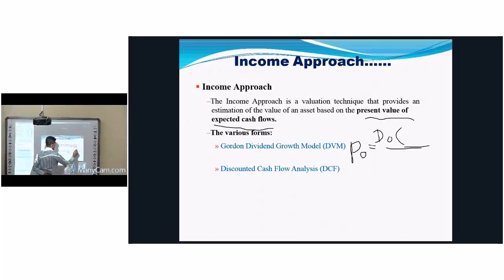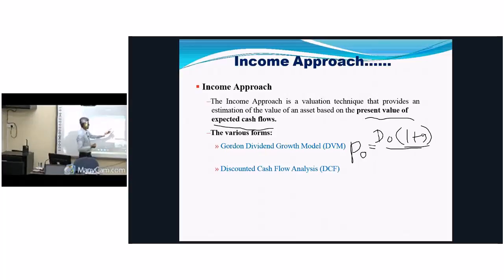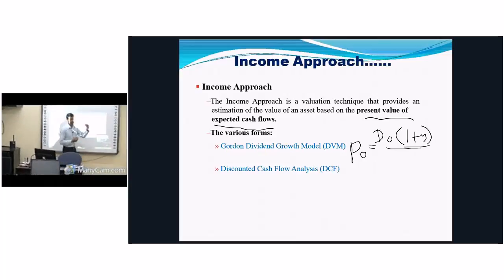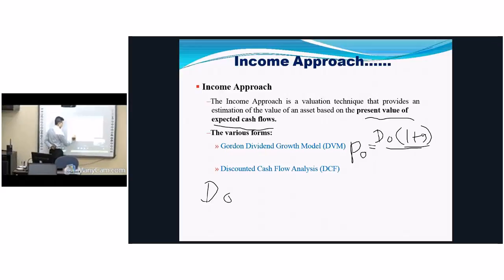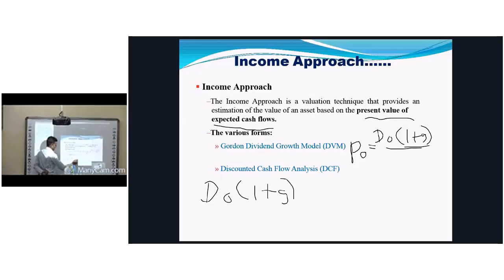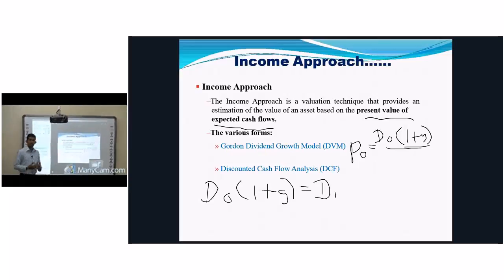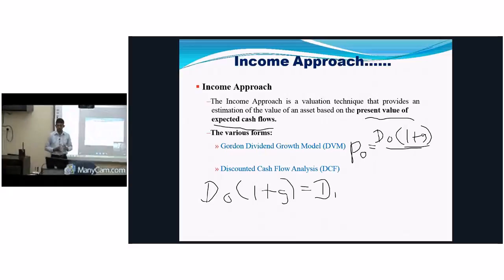D0(1+g). What is that? D0 means dividends per share today. 1 plus g means the growth rate. D0(1+g) is also called D1, that means dividends per share in 1 year's time, right?